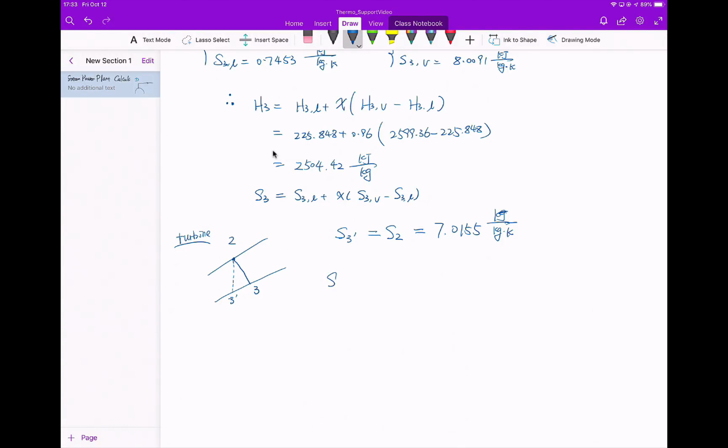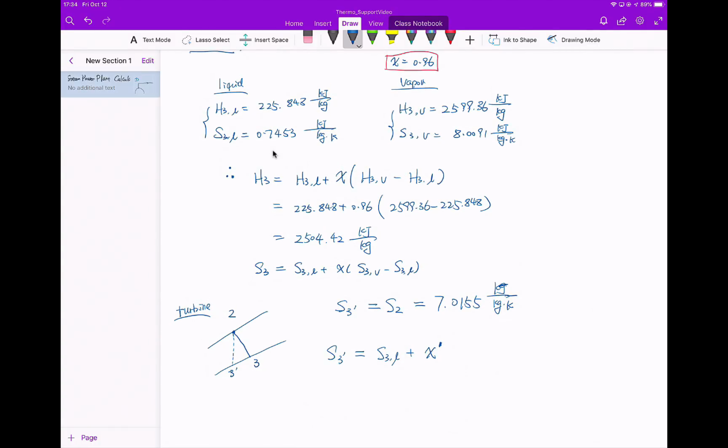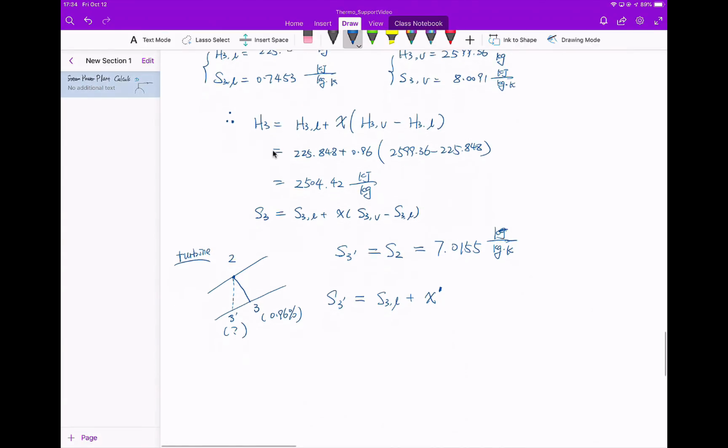This S3 prime is coming from this S3 of liquid plus, now this is X prime. Okay, it's not the grade of 0.96, but it's a different one, simply because this is known, but that we need to figure out in order to calculate H3 prime.